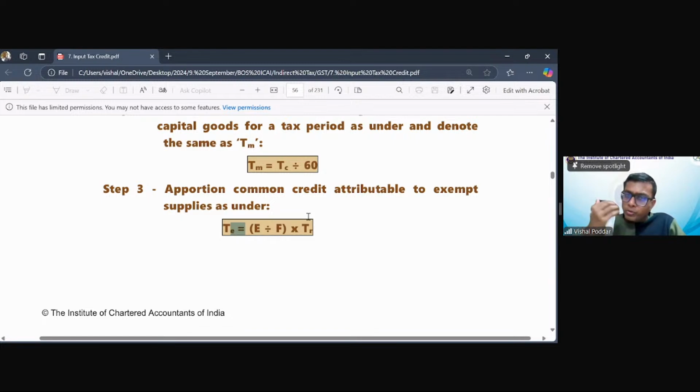Even if that 100 is used, no problem. You will show this 5 as reversal. If you have some ITC balance, it will reduce the ITC balance, or you will pay out of your pocket. Understood? What about others? Have you all understood this working?